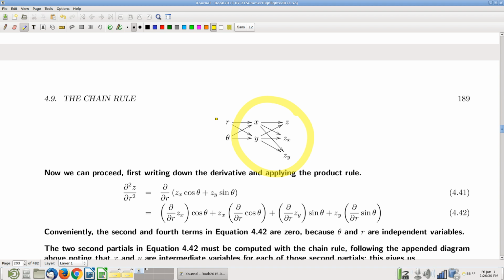All right? I'm a big believer in this. I urge you to do this. It's very helpful when you're moving on to the next step. So here we go. The second derivative is the derivative of z_r that we computed on the previous page. Okay. Now, first step, just product rule.